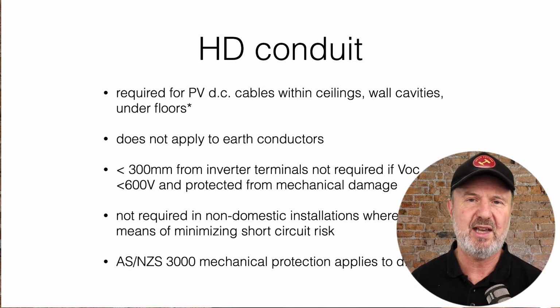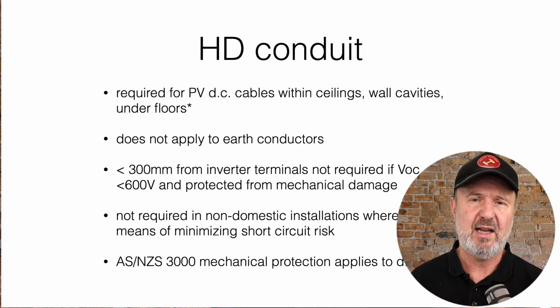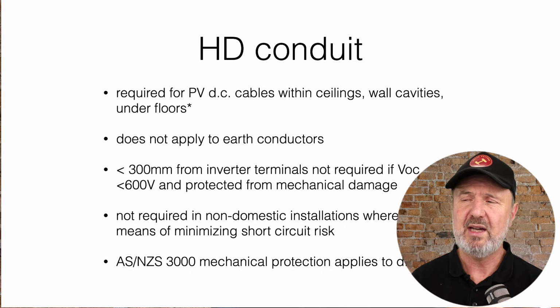Is it installed in a location where those cables won't be damaged? And that's really to accommodate the fact that many inverters use a plug and socket connection for the PV array, and it's not practicable to conduit right up to the inverter's plug and socket connections, so we allow that 300 mils. Also, to remove the inverter, you need to be able to unplug them, and it would be difficult if it had conduit over it.